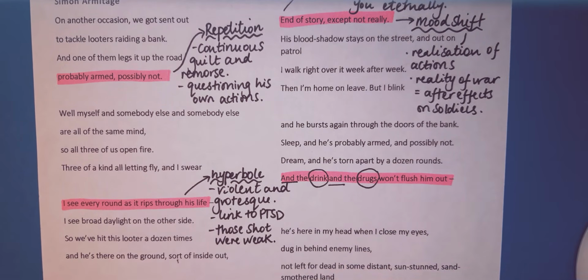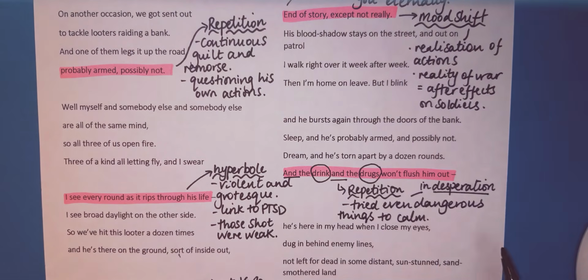So he's tried everything, even everything that's dangerous. So drinking and drugs are dangerous for him. But he's tried it through desperation, just to try and get that trauma out of his mind, to try and relax. So remember that this is done in desperation.